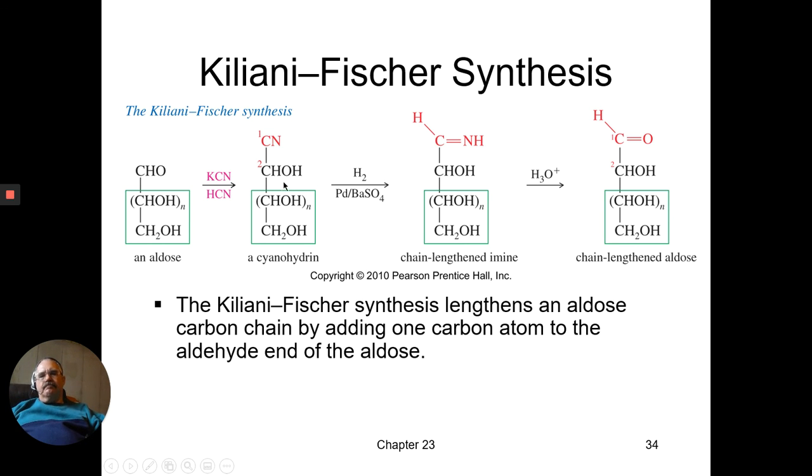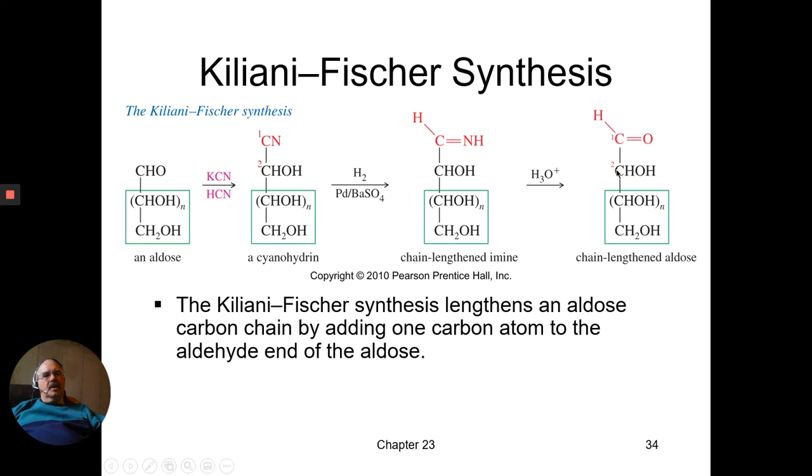We form this cyanohydrin, and then we reduce the cyanohydrin using a diluted catalyst, that reduces the nitrile to an imine, which is then hydrolyzed to a longer chain aldose.